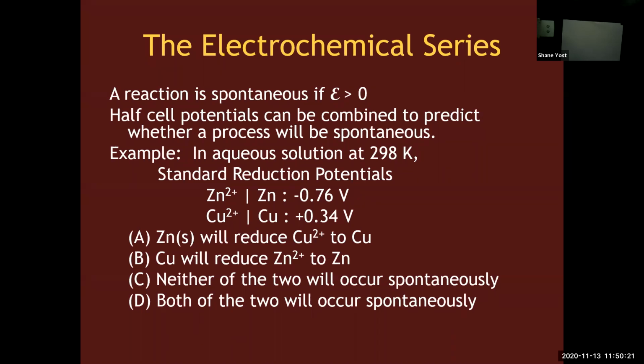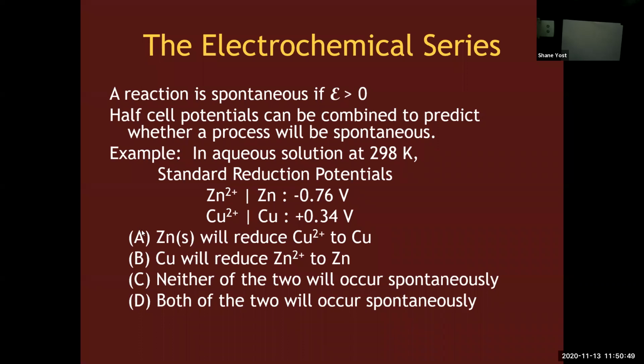So do you think A, B, C, or D? A, right? Can't be C or D because one thing's got to be oxidized, and both A and B are reductions of some kind. It's either one or neither, because zinc can't reduce Cu2+ while Cu is also reducing Zn2+. That doesn't really make sense.